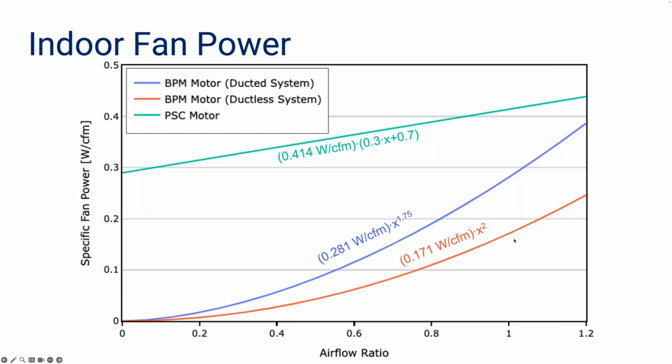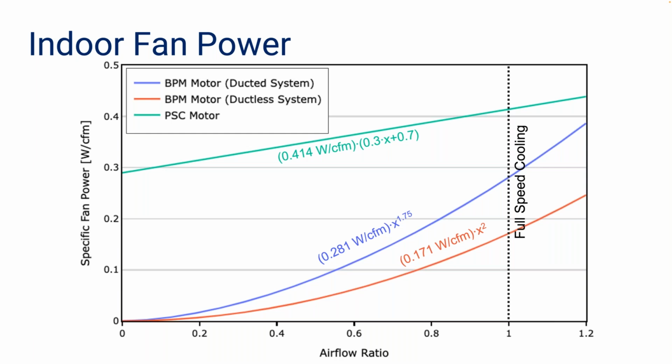So for AHRI ratings, the airflow ratio is relative to the full speed cooling operation. So a value of 1 here represents full speed cooling. For full mode heating, you might have a different flow rate, and then obviously for different compressor speeds, you might have something else.